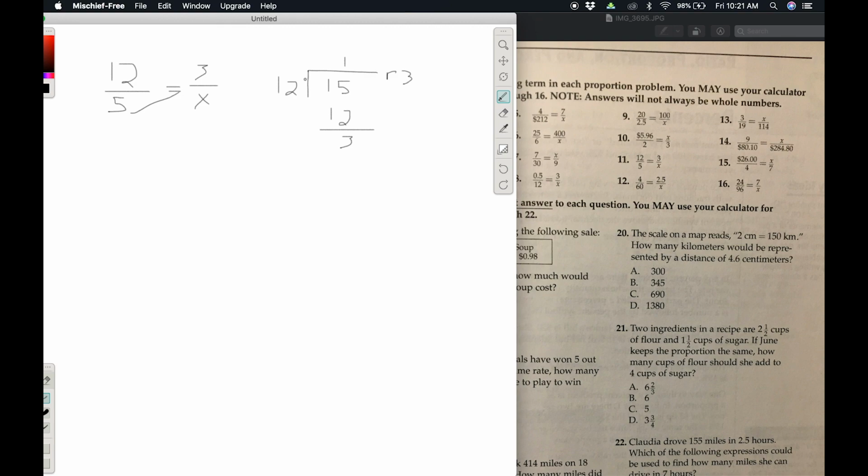Okay, so 3 over 12. You know that 3 over 12, is there a number that goes into both of them? Well, yes, 3 goes into 3 one time, and 3 goes into 12 4 times.